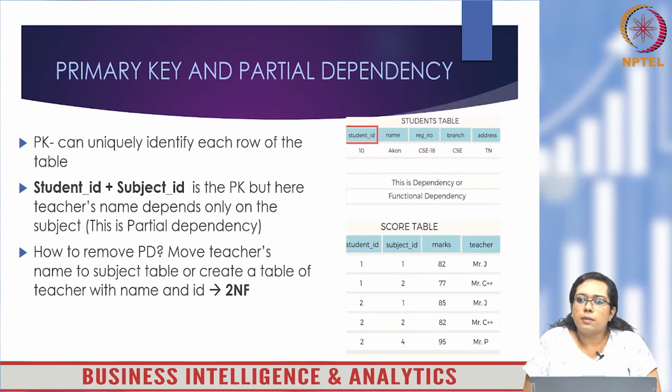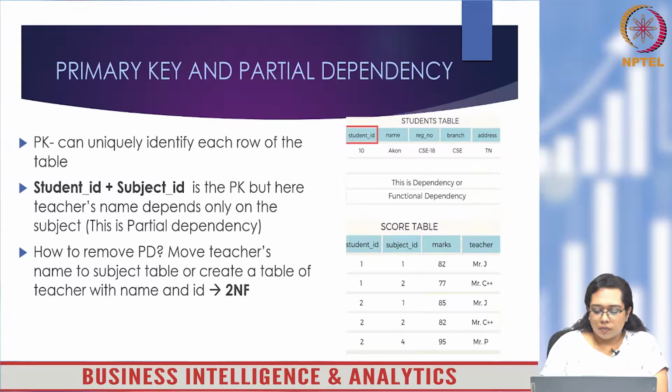So, as I discussed, partial dependency should not be there if we want to normalize our tables in the form of 2NF. What will we do? How do we normalize usually? You guessed it, right? We will move the teacher's name and create it as a separate table.